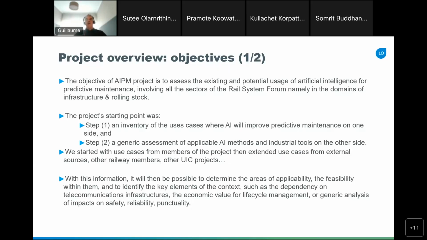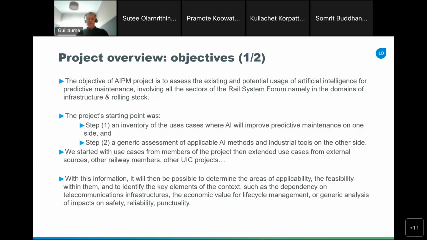So we started the assessment of use cases first from the members of the consortium, and we extended our assessment to external sources, like other railway members and other UIC projects. We have a dedicated working group related to asset management and digital railways.